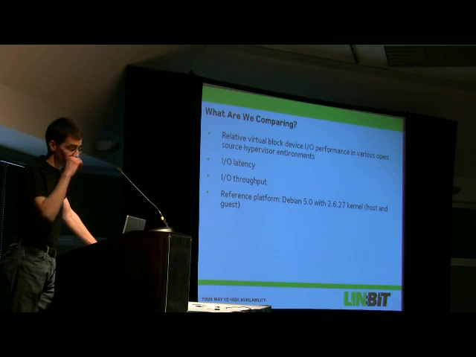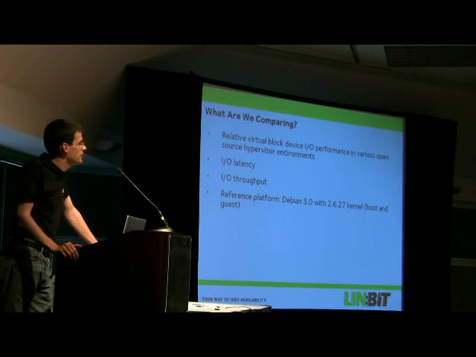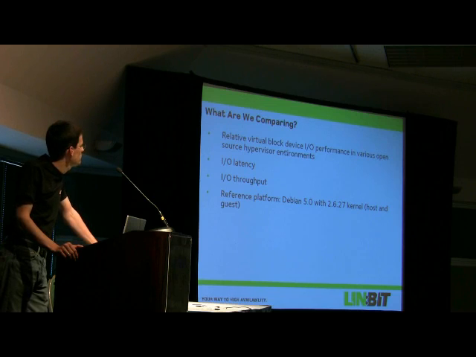I ran a few benchmarks on the subject that I want to share with you, and my reference platform was Debian 5.0, Debian Lenny, with a 2.6.27 kernel. Now you will correctly say that that's not the newest kernel out there.